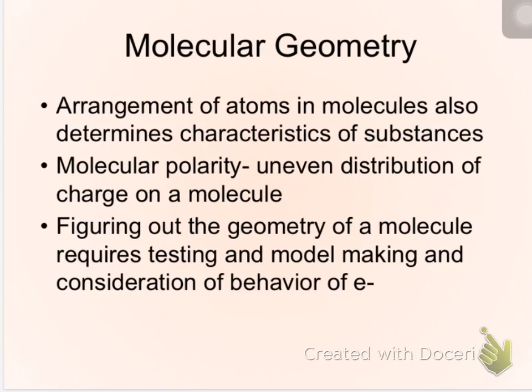So we talked a little bit about why the forces of attraction within an ionic compound, or the forces of attraction within a metal in the giant mosh pit of electrons, I so love that now, influence their characteristics. And to somewhat a lesser degree, how the atoms are actually arranged inside a molecule also changes their characteristics somewhat.